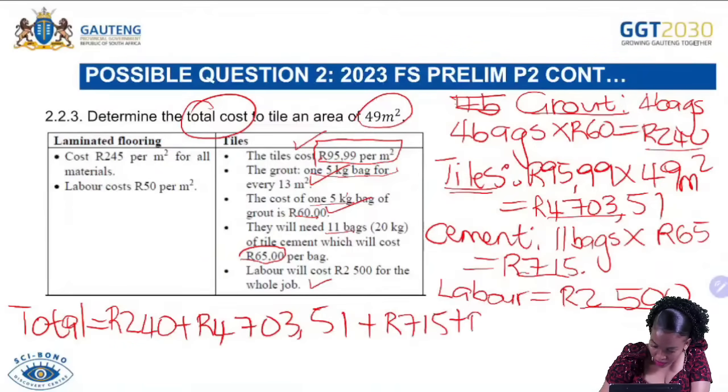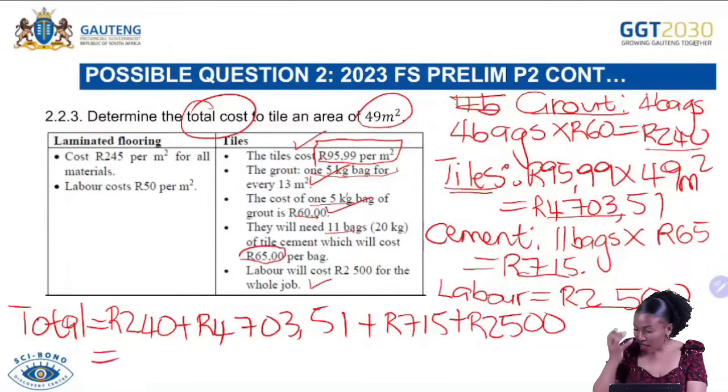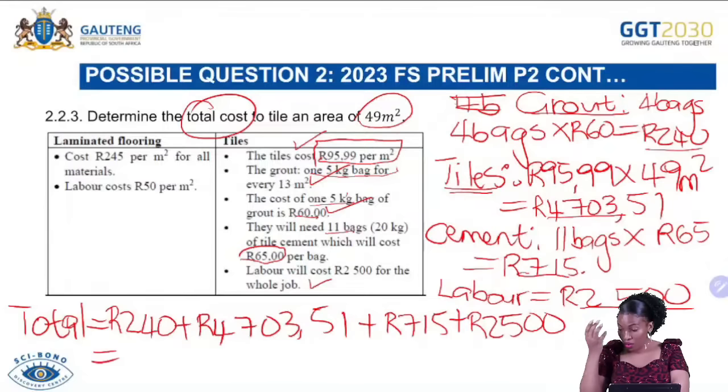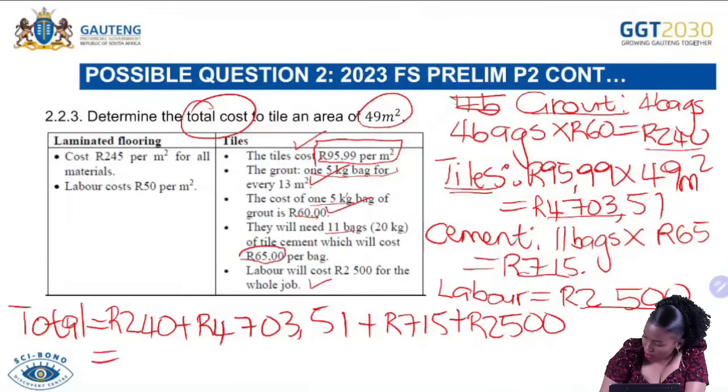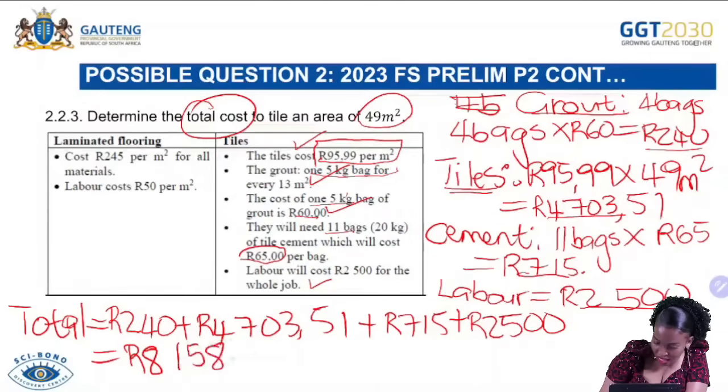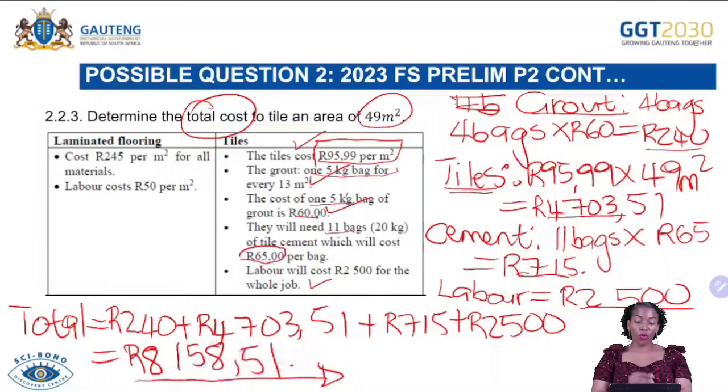Labor is very expensive, which is 2,500. Guys, you punch everything as it is on your calculator. The total that I got here is 8,158 rand and 51 cents.